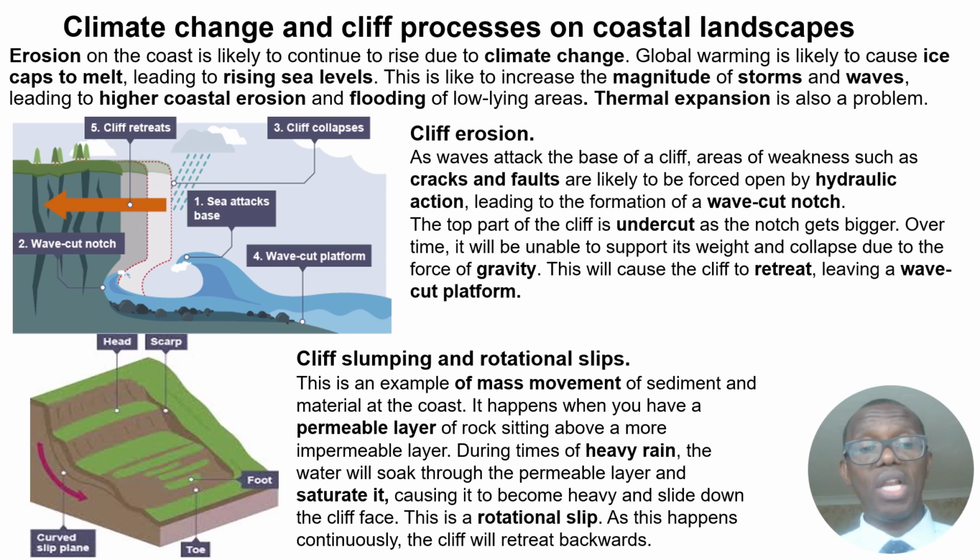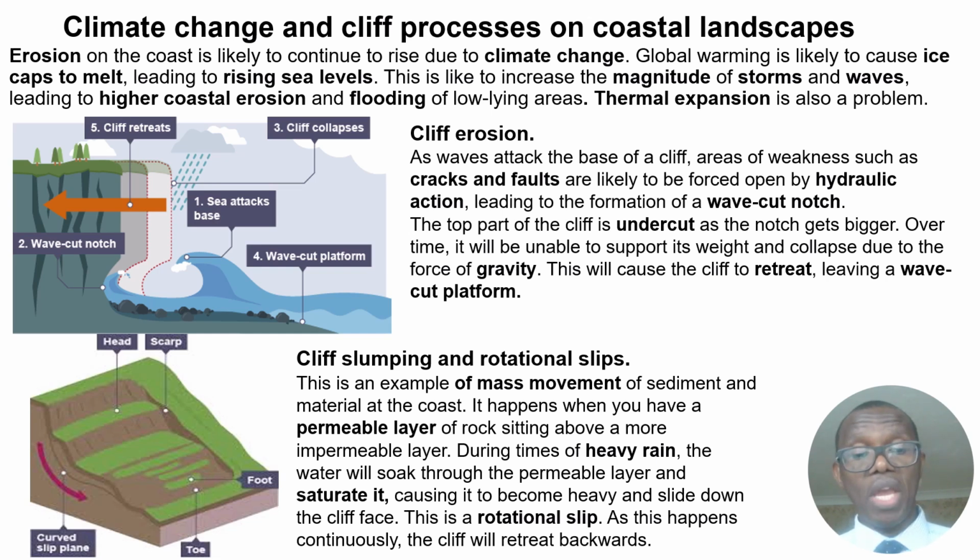So this particular cliff here is being eroded, and that is what we are referring to as cliff erosion taking place. And it's worth a mention here that whatever is going to be left here is what is referred to as a wave cut platform, because obviously the waves have continued to act on this area here to leave that platform behind here.